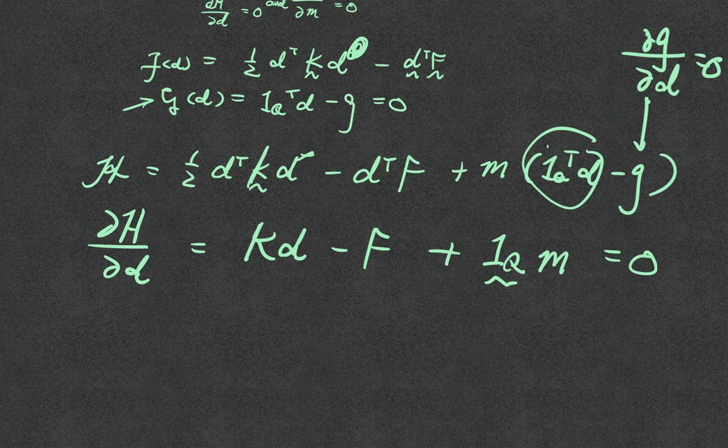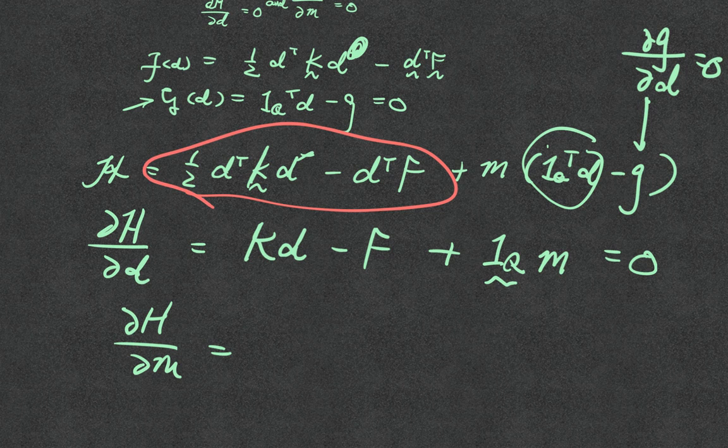Okay, so how about the second term? In the derivative with respect to the Lagrange multiplier, we don't care about this because none of that actually depends on M, right? The only thing that we care about is the original constraint that we put in there.